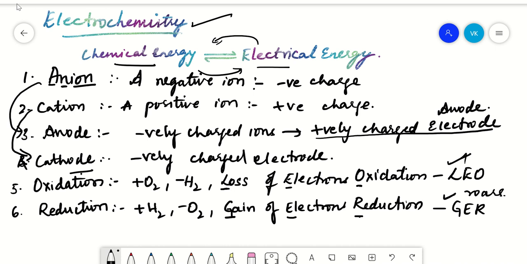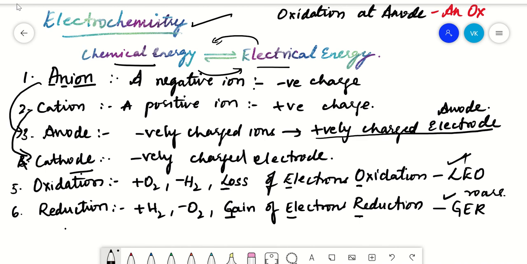Again, the next thing you need to remember is where oxidation takes place, at the anode or cathode. Oxidation takes place at the anode. The mnemonic here is AN OX. AN OX itself means at anode oxidation takes place.